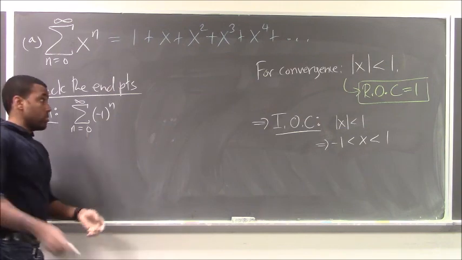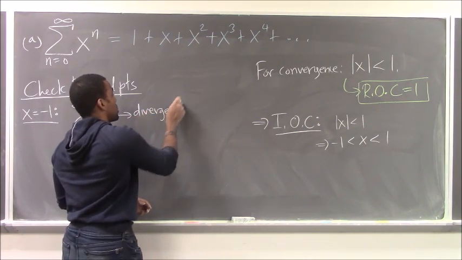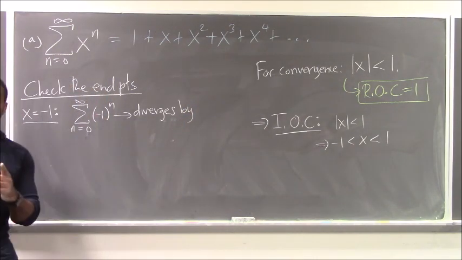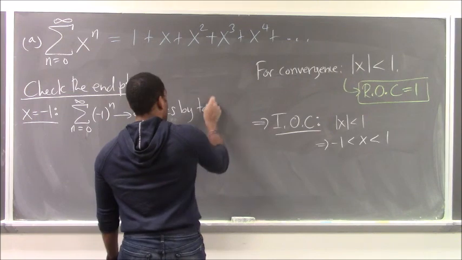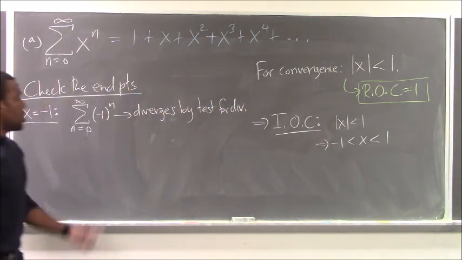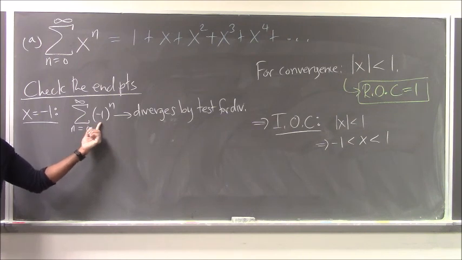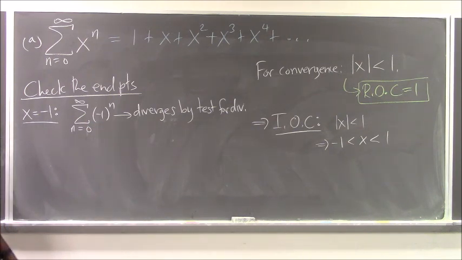It does not converge. So we know that this diverges. How do you know that it diverges? That's right, test for divergence. The limit as n approaches infinity of (−1)^n is not 0, therefore it diverges.